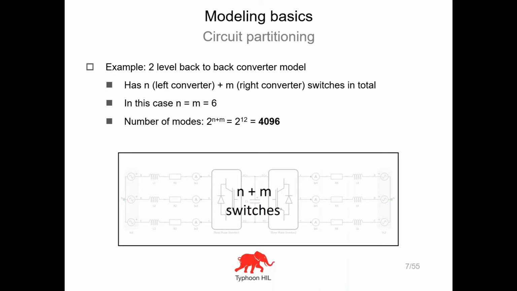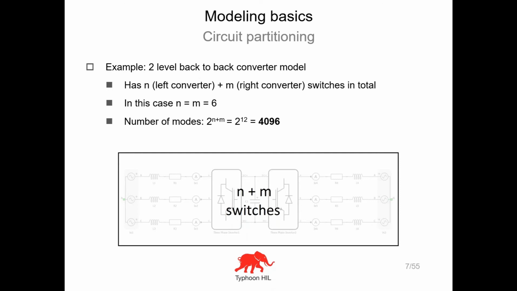So for example, let's take a look at our two-level three-phase back-to-back converter. In total, here we have 6 switches in one converter and 6 switches in the other converter, considering the IGBT diode pairs as single switches. So the circuit from the image has in total 12 switching elements.